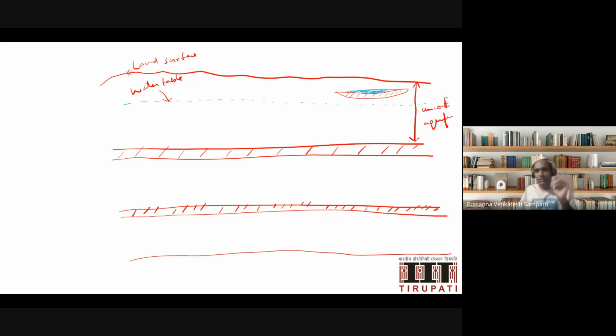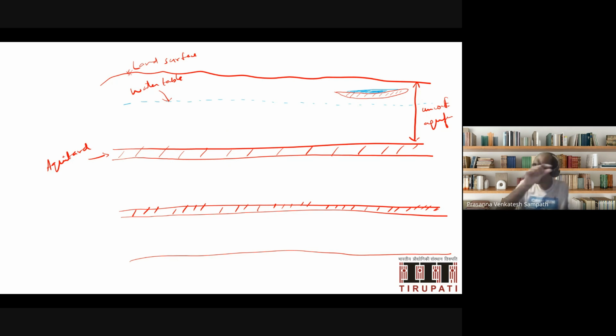Very important distinction. Now below this unconfined aquifer, let's say I have some kind of an aquitard, a low hydraulic conductivity unit. This unconfined aquifer may have a hydraulic conductivity of, let's say, 5 meters per day or 10 meters per day, something like that.